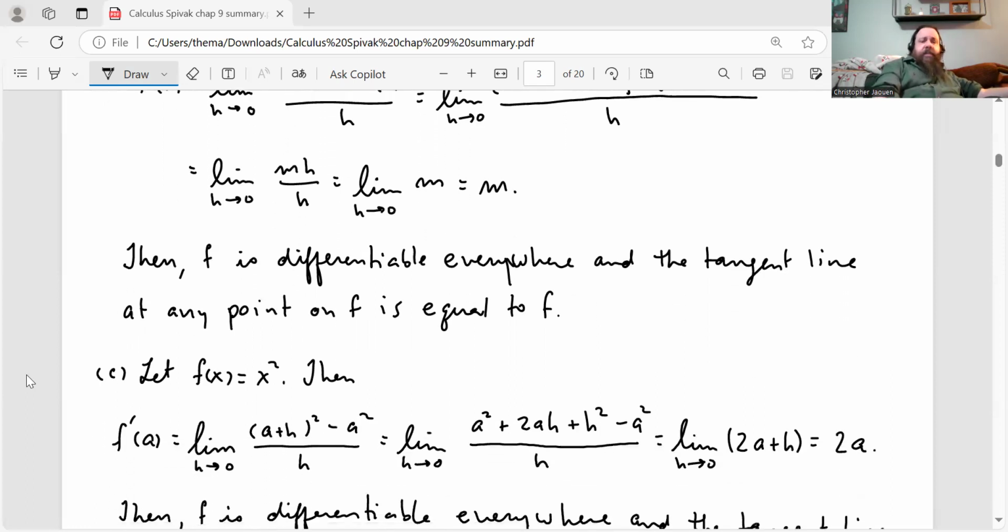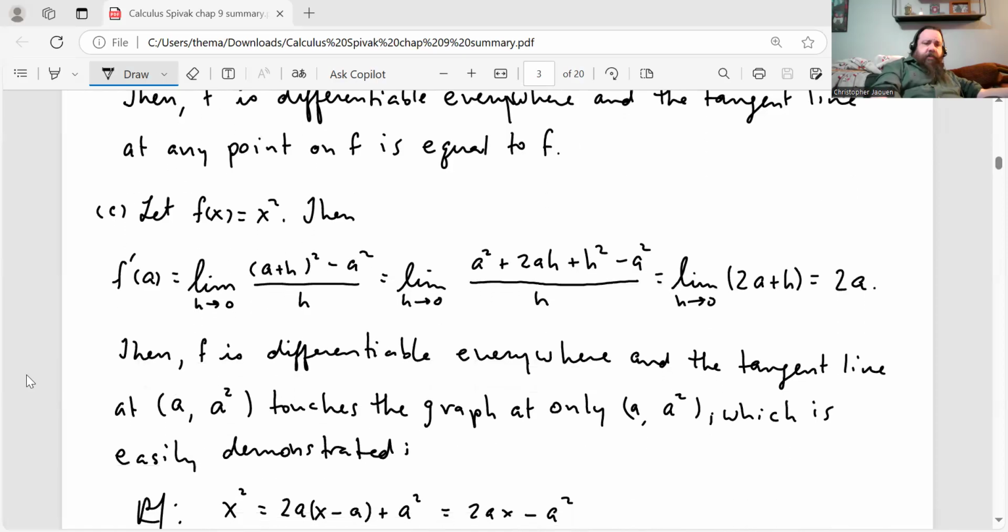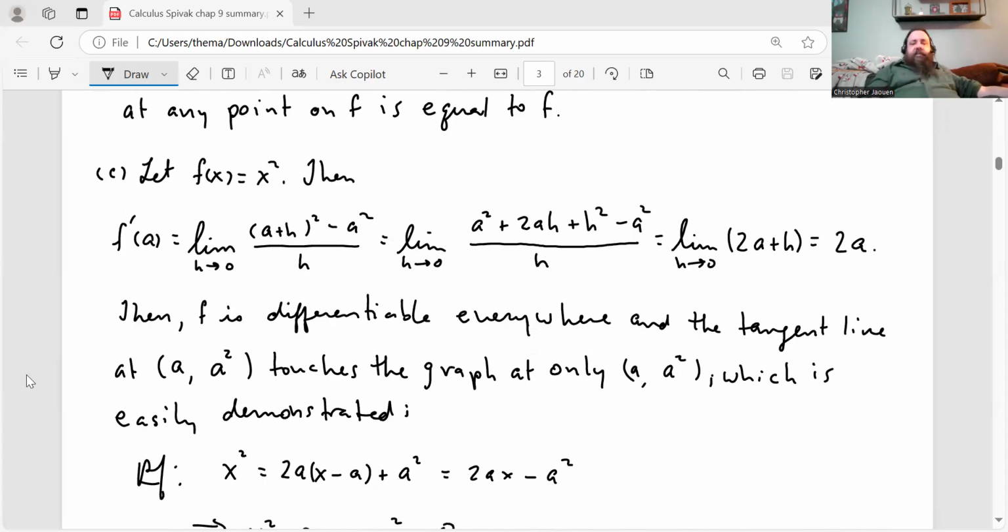All right, that doesn't have to be the case. For example, if we look at f of x equals x squared, then when we calculate the derivative of the function f at a, we get 2a. Then f is differentiable everywhere, and the tangent line at a squared touches the graph at only one point, a comma a squared, which is easily demonstrated.